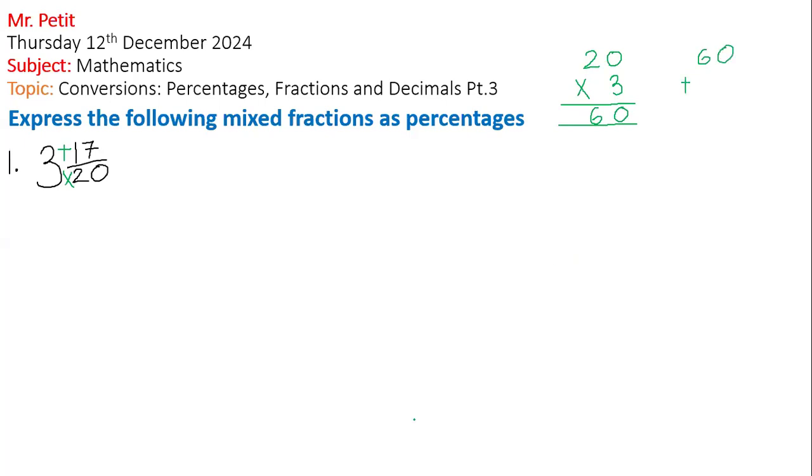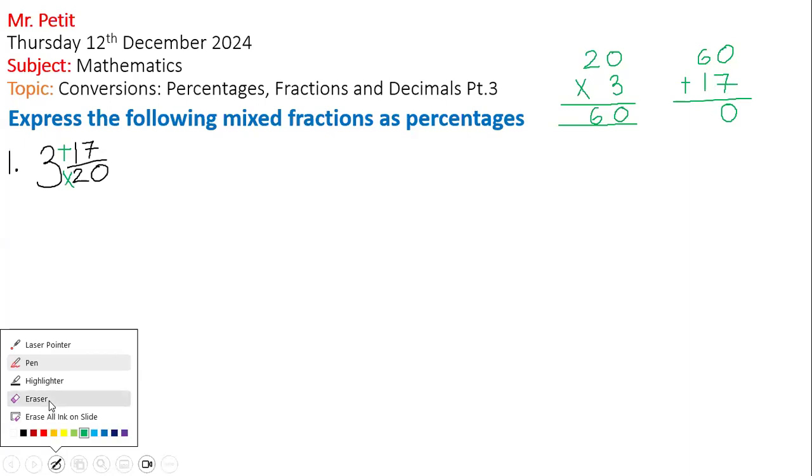So 60 plus 17 is going to be equal to... 7 plus 0 is 7. Ain't that supposed to be 7?